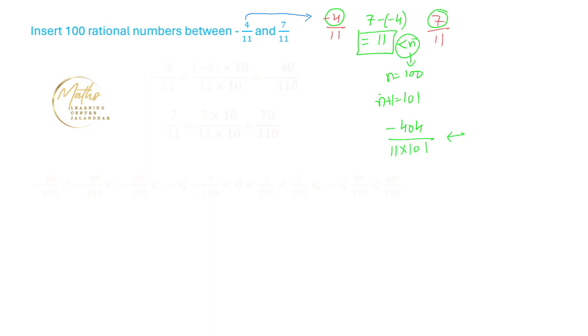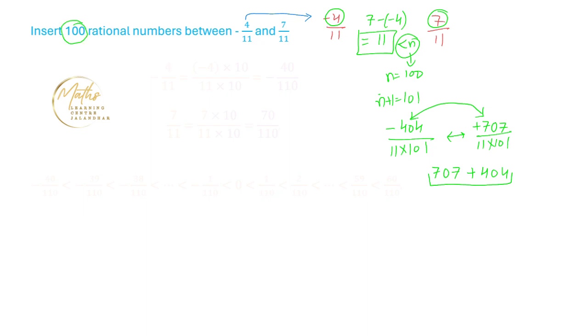And the second number will become plus 707 by 11 into 101. Look at the difference over here. We will have 707 plus 404. So we can find these many numbers now, but we require only 100 rational numbers.